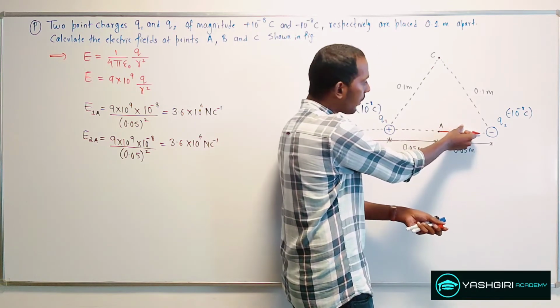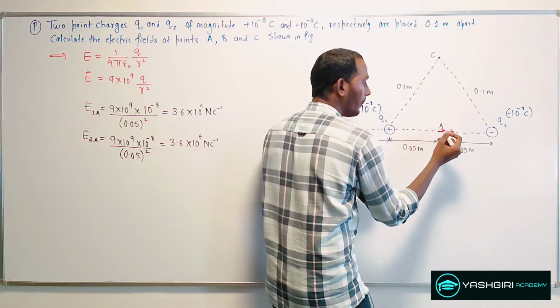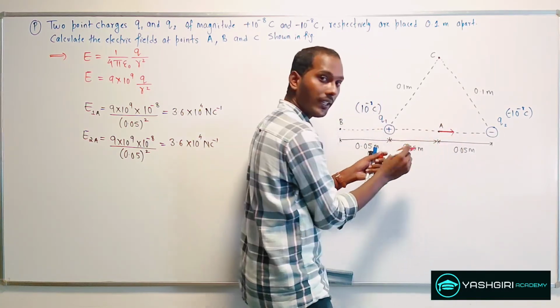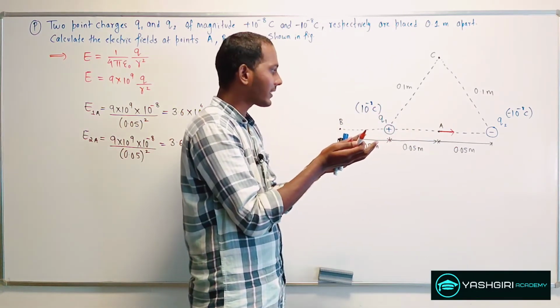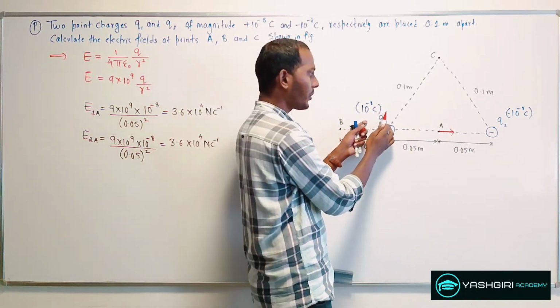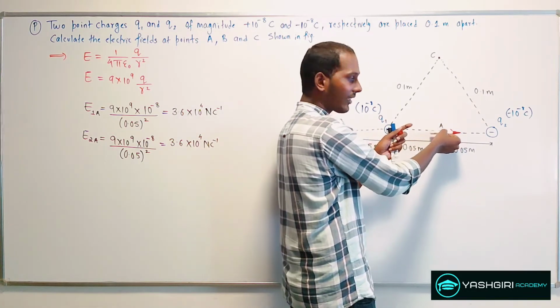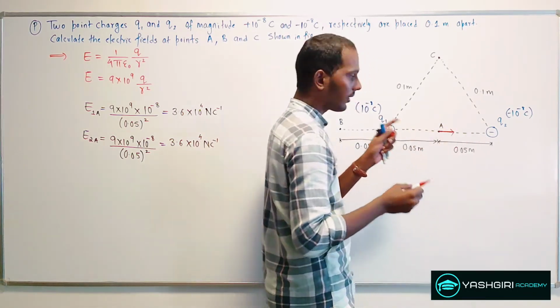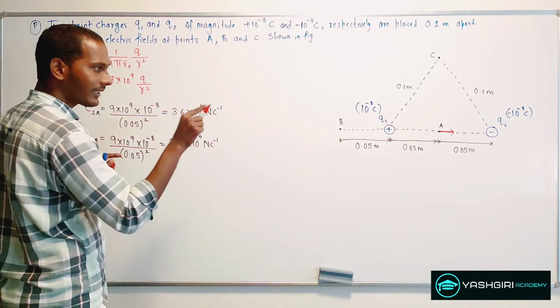So again, if I want to show the direction of this electric field due to this Q2, it will be once again towards the right. Alright, so overall, due to this charge Q1 and Q2, both have the direction of the electric field pointing towards the right. So that is the direction at the point A.